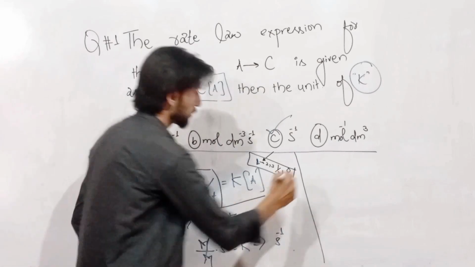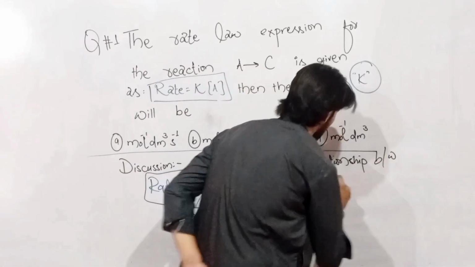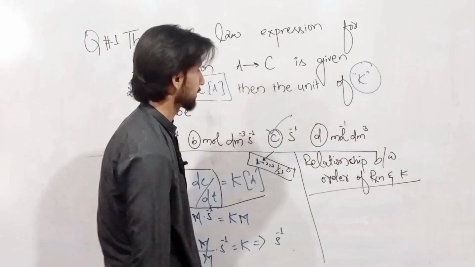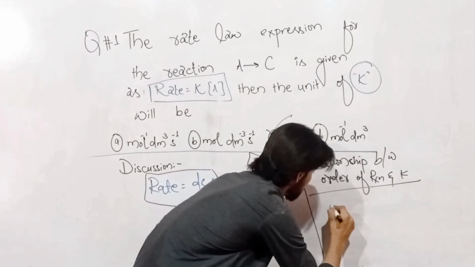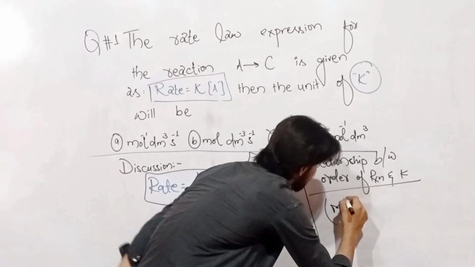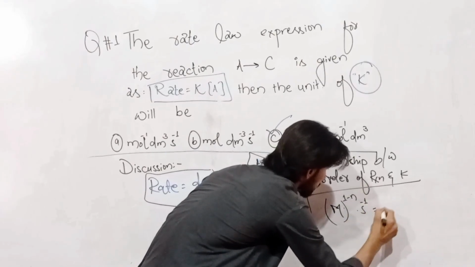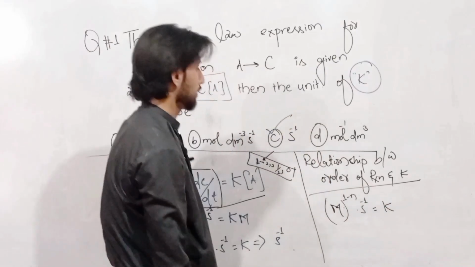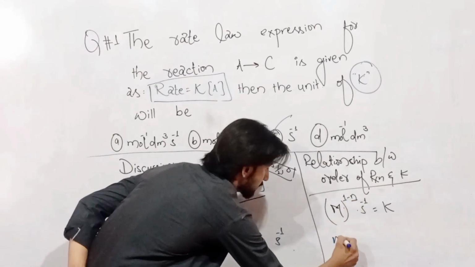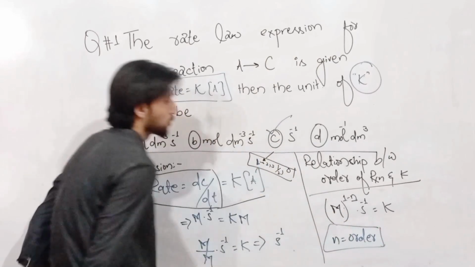So the relationship between order of reaction and K, that is molarity to the power (1 minus n) per second is equal to K. What is n? n is the order of reaction, where M is molarity.